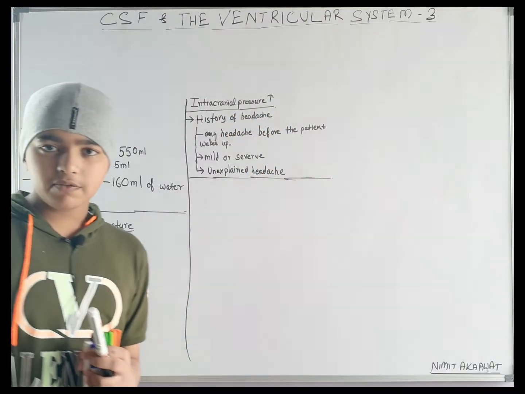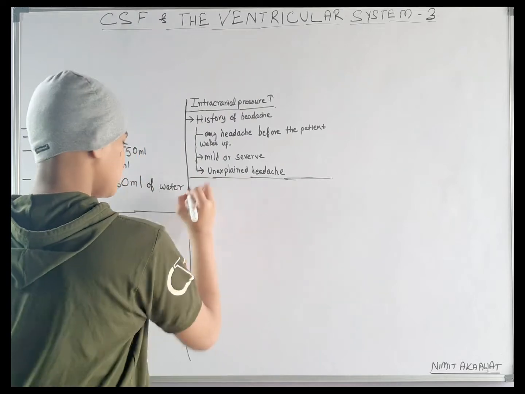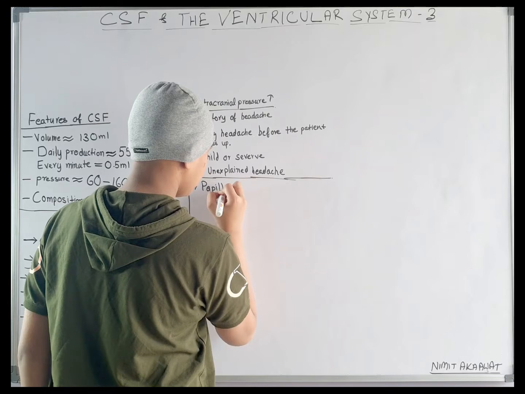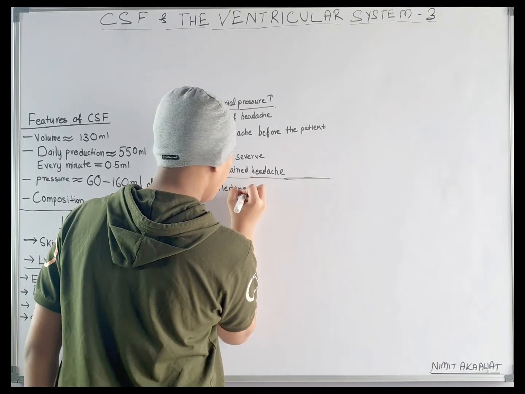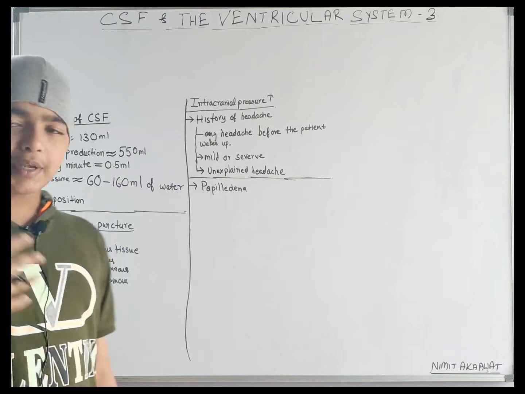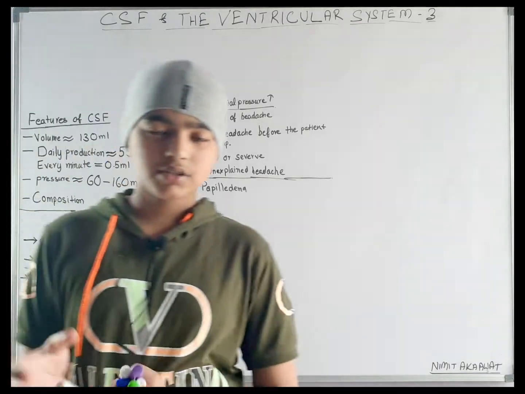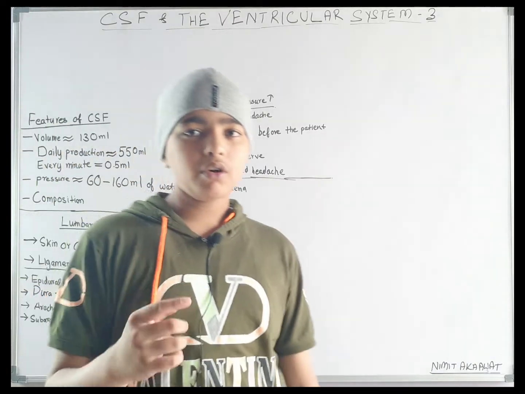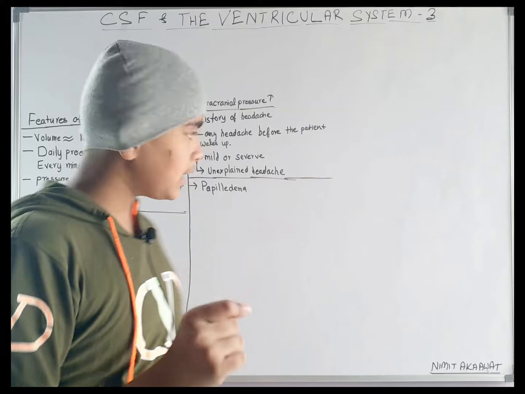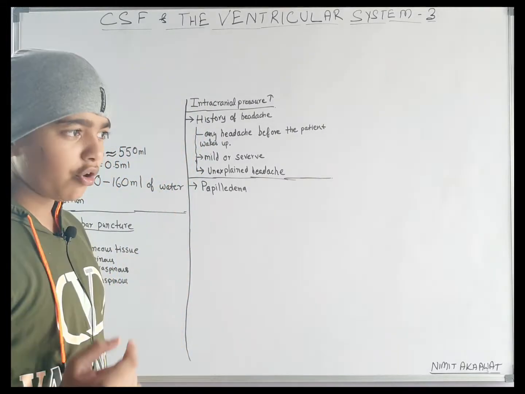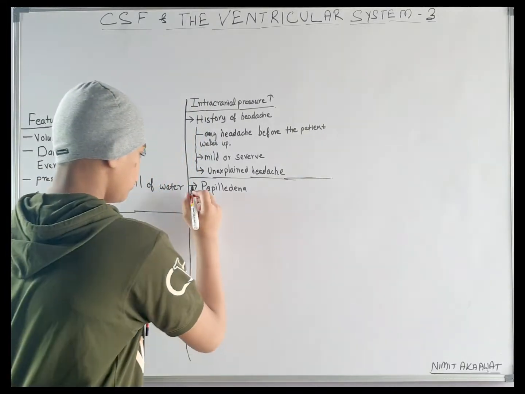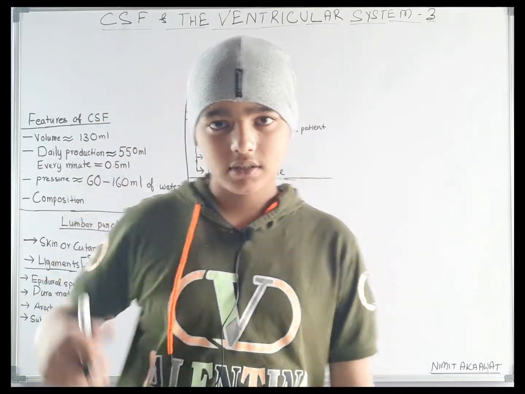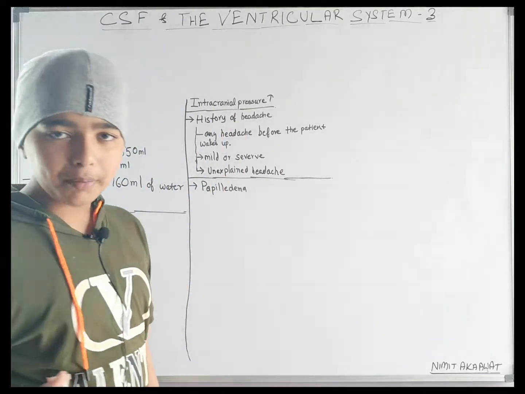Now, the second factor of intracranial pressure is papilledema. So, what is papilledema? When we do ophthalmoscopy, we look through the pupil at the retina and the optic disc with the ophthalmoscope.